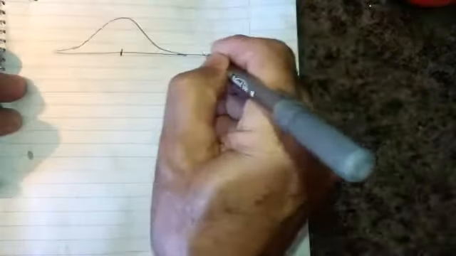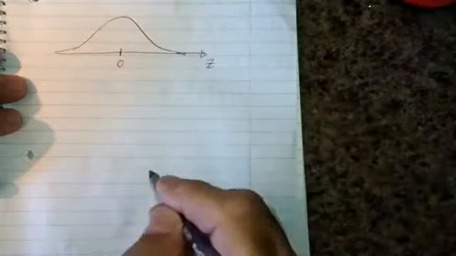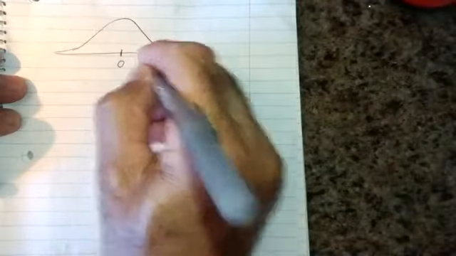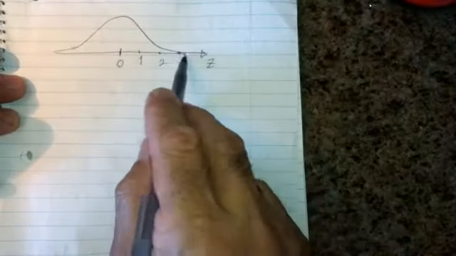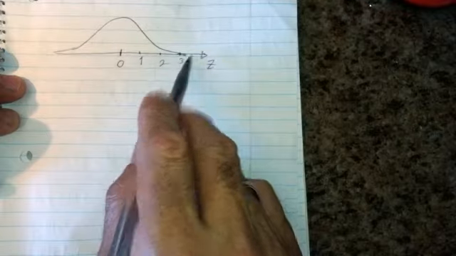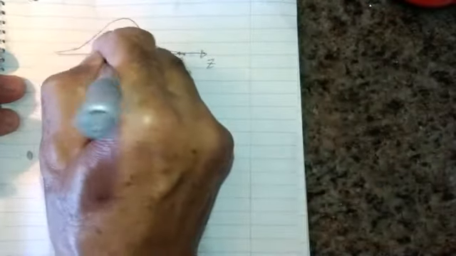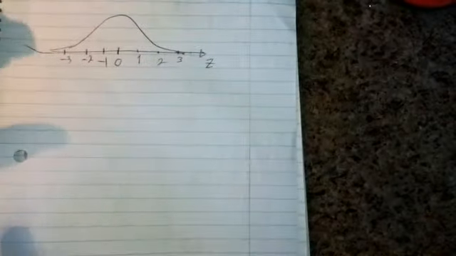Now, so the standard curve, the middle one is the 0, and then numbers 1, 2. So when you get beyond 3, the graph is almost touching. So not much is left here. When you go to the left, numbers are -1, -2, -3. Okay.